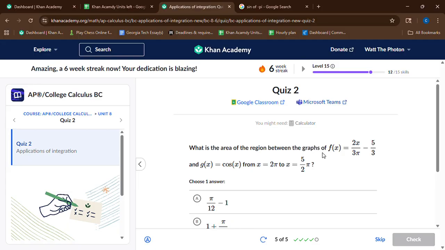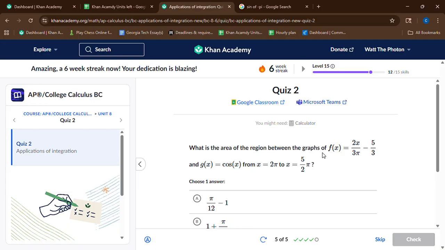And then we have the integral of negative 5 over 3, which is equal to 5x over 3, and then the integral of 2x over 3 pi, that is x squared over 3 pi.